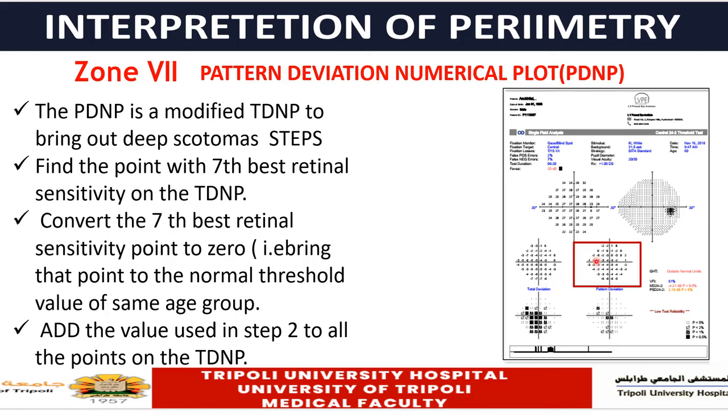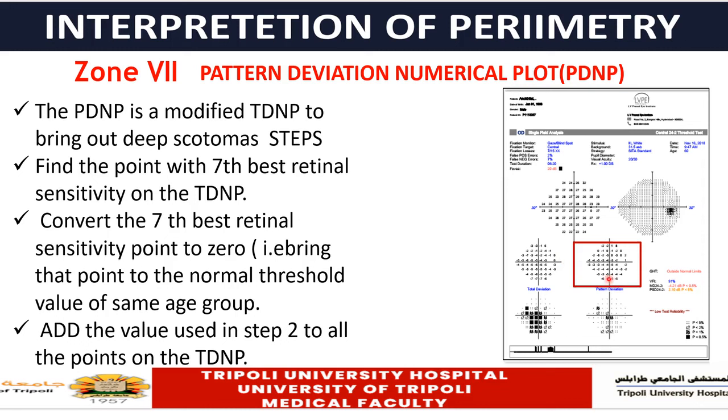So if there is any depression left here, it reflects a localized depression and a real depression in the sensitivity of that patient. Now, how can we deduct a value from the total deviation? It is based on the 85th percentile: we calculate the 85th percentile and remove the best 7th point, so the value left will be deducted. I will show it in the next slide in detail.